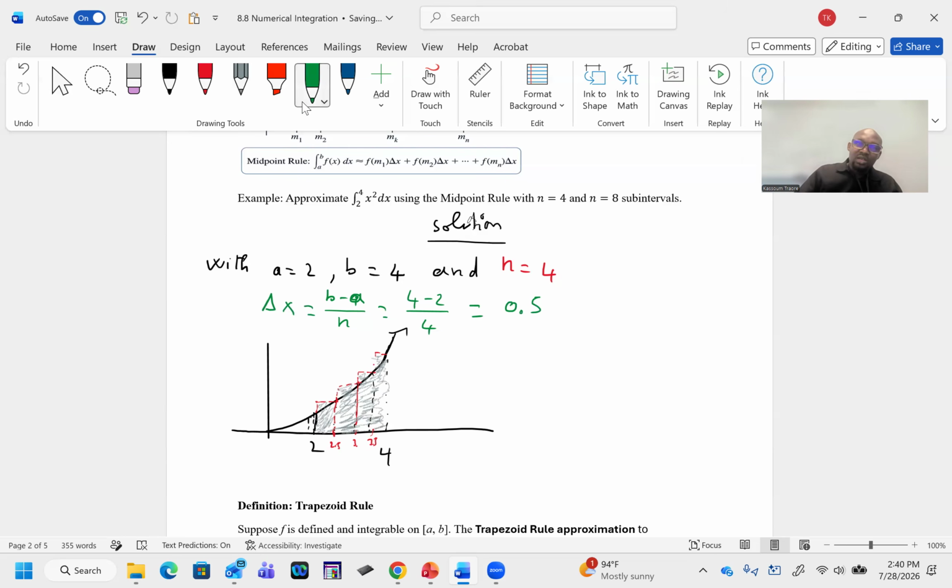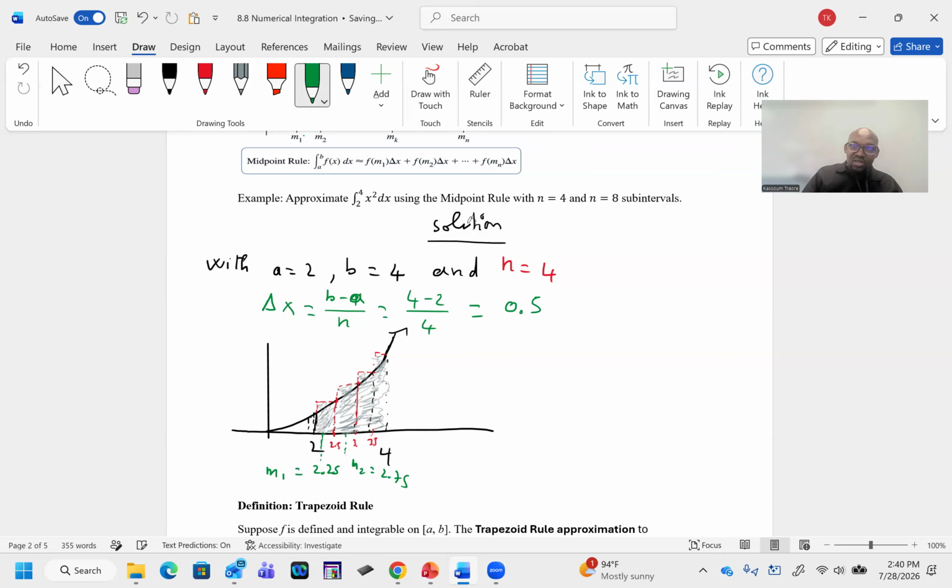So when we talk about the midpoint, the midpoint between 2 and 2.5 is 2.25. That's what my M1 will be. And the midpoint between 2.5 and 3 is 2.75, so my M2 will be 2.75.